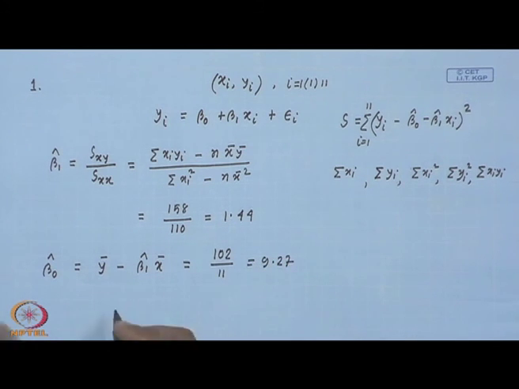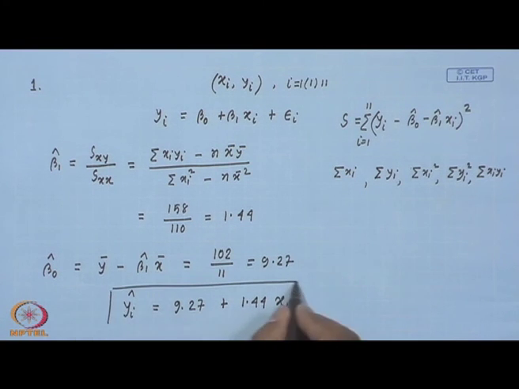So, we are done with the first problem. The fitted equation is y I hat is equal to 9.27 plus 1.44 x I. So, this is the fitted model for the given problem.